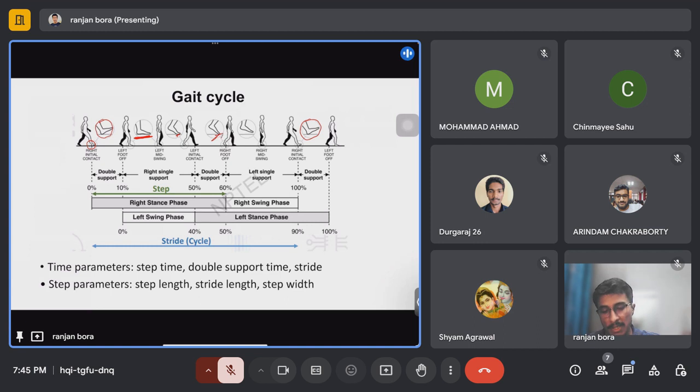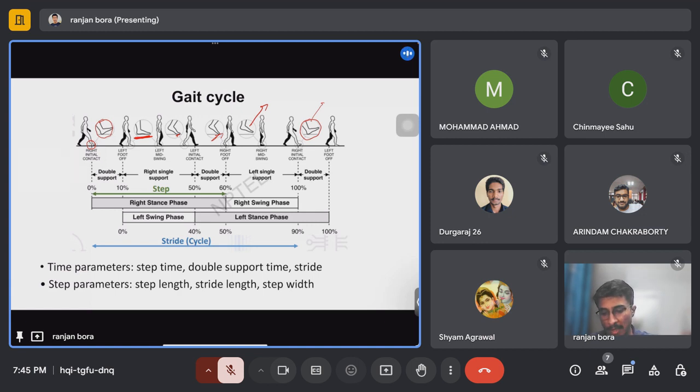At this point the right foot is in the air, which is the swing phase of the gait cycle. Then again it comes in contact with the ground, and at this point the gait cycle is completed.